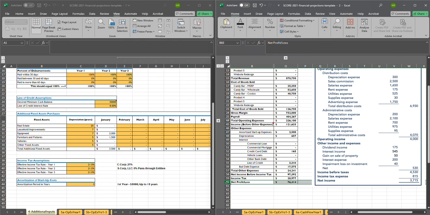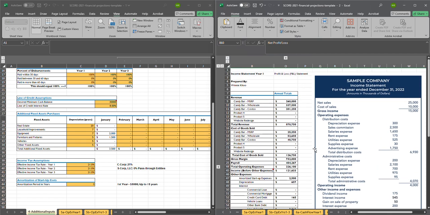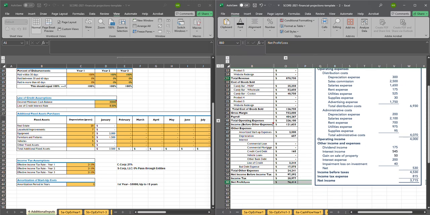And so this is perhaps the most important metric for an income statement, because it shows the profitability of the business, taking everything into consideration. We've got all of the sales, all of the expenses, other expenses, and taxes. At the end of the day, are you profitable or are you not?